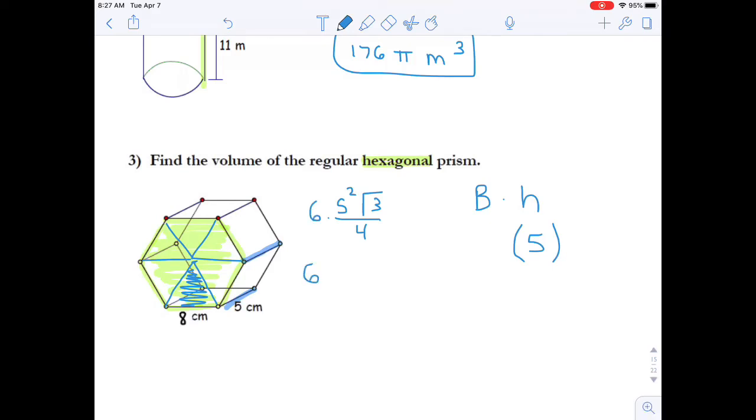So in this case, 6 times our side, which is 8 squared root 3 over 4. 8 squared is 64. And 64 divided by 4 is 16. So we end up with 6 times 16 root 3. And that's 96 root 3.